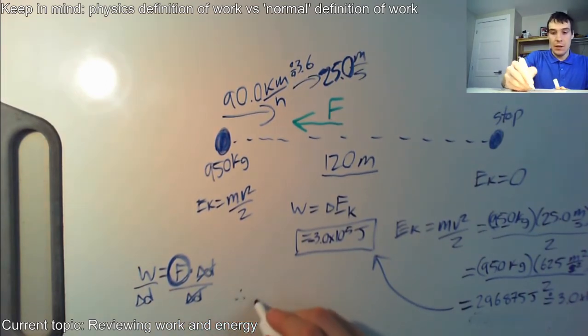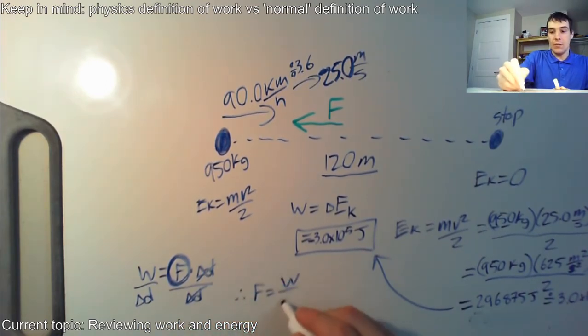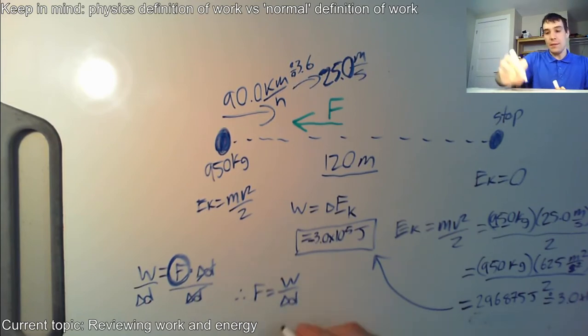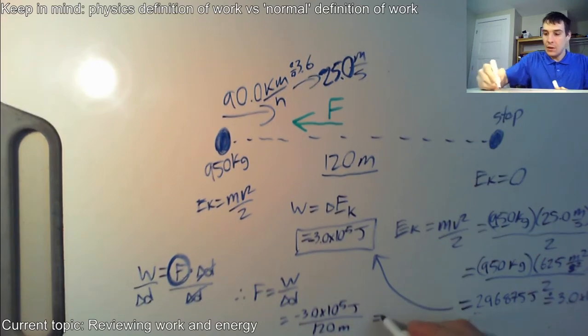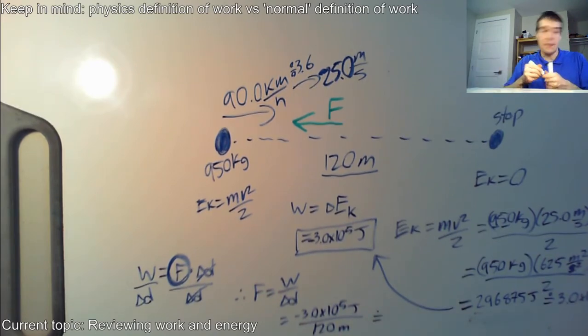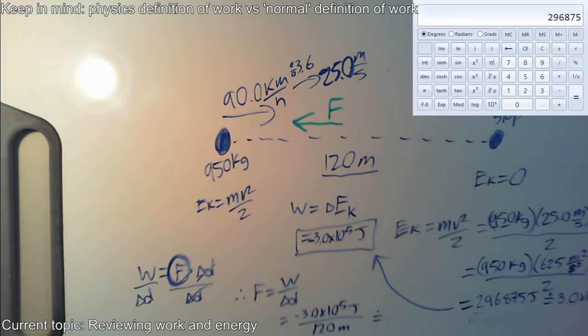Therefore, force is equal to work over distance, which is negative 3.0 times 10 to the 5 joules divided by 120 meters, which is approximately 3 divided out by 120. Let's solve that. So pull up our calculator. 3.0 times 10 to the 5.